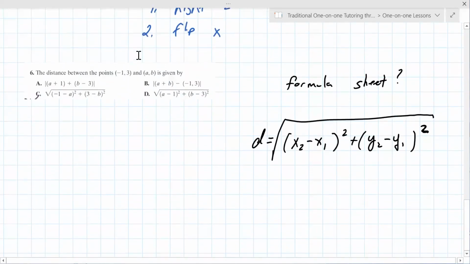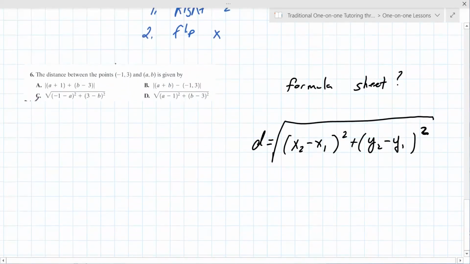Okay, so they're giving you points here. Like they're telling you that's x1, y1, and that's x2, and that's y2. They do it sort of different. Okay, I'll just show this here.